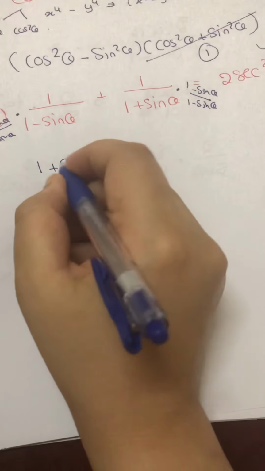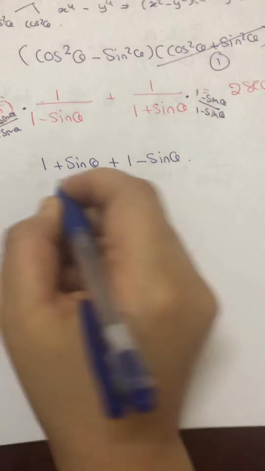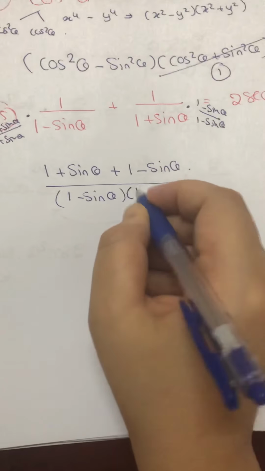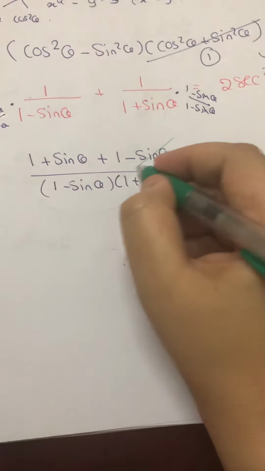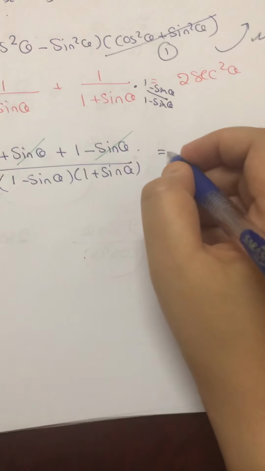The numerator will be 1 plus sine theta plus 1 minus sine theta, and the denominator will be 1 minus sine theta times 1 plus sine theta. Okay, what happened here is that this cancels this, and I have 2.